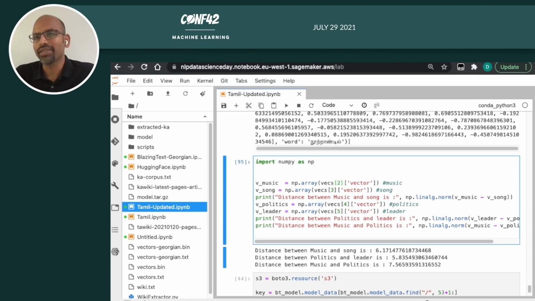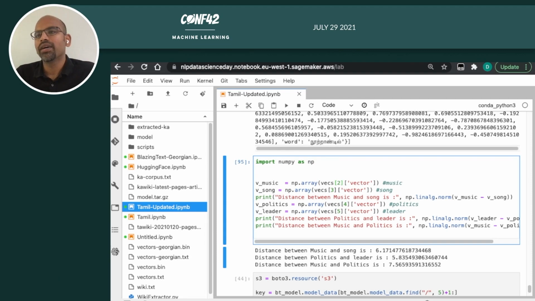Now this is the real fun. If you see music, the word Isai is closer to the word song, because song is Padal. They both are closer, and hence the vector subtraction is giving you 6.17. Forget about that number, but that's how close they are is what it has inferred.